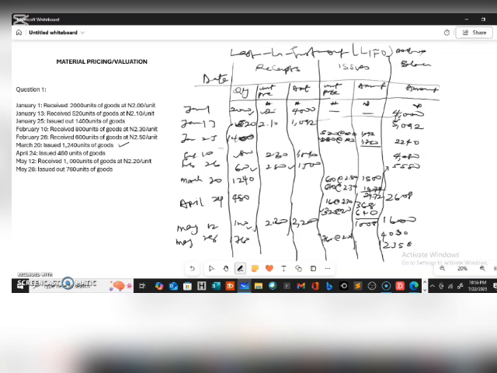That's 2200 plus 1600, which gives us 3800.